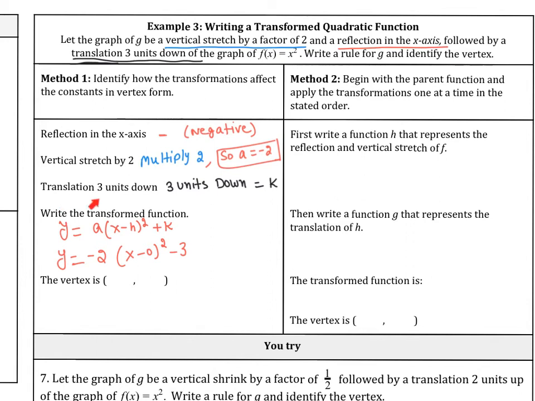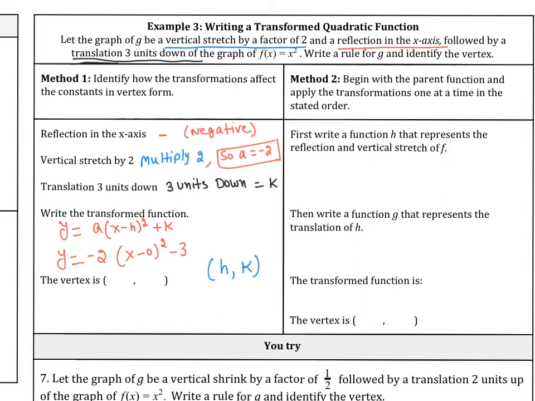Now the 3 units down means that the k is negative 3. In this problem, we did not talk about left or right, so the h is going to be 0. The vertex is normally written as h comma k.